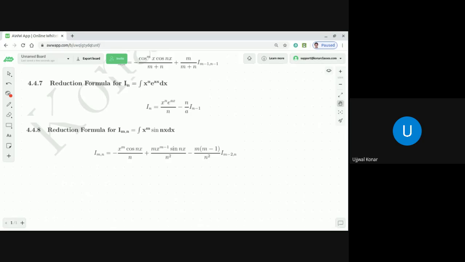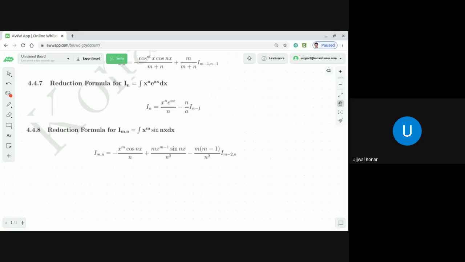Here the formula is a little lengthy, but one advantage is that the reduction of m is happening by 2. That becomes a little more advantageous, right? If the question given is x square into sine 3x dx, it is just one step. X square is getting reduced to x to the power 0.